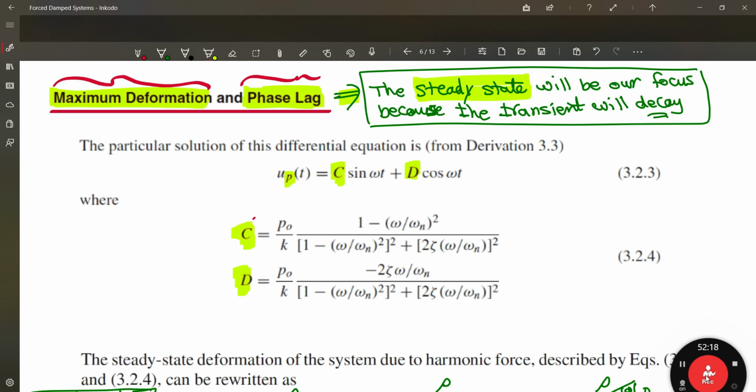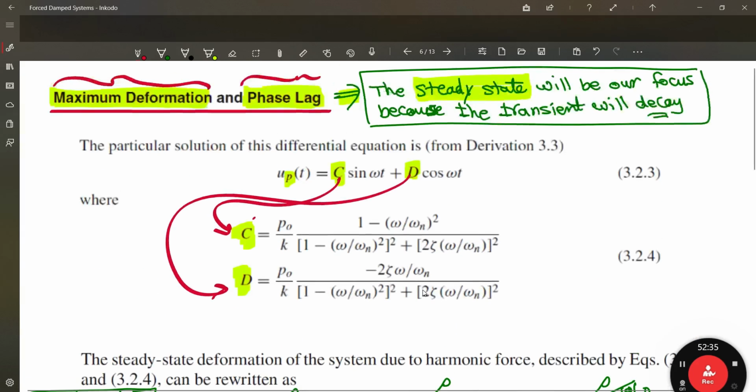All the details of them I have given before. This is c and this is d, and we have mentioned what are the parameters that are going to control these two constants.